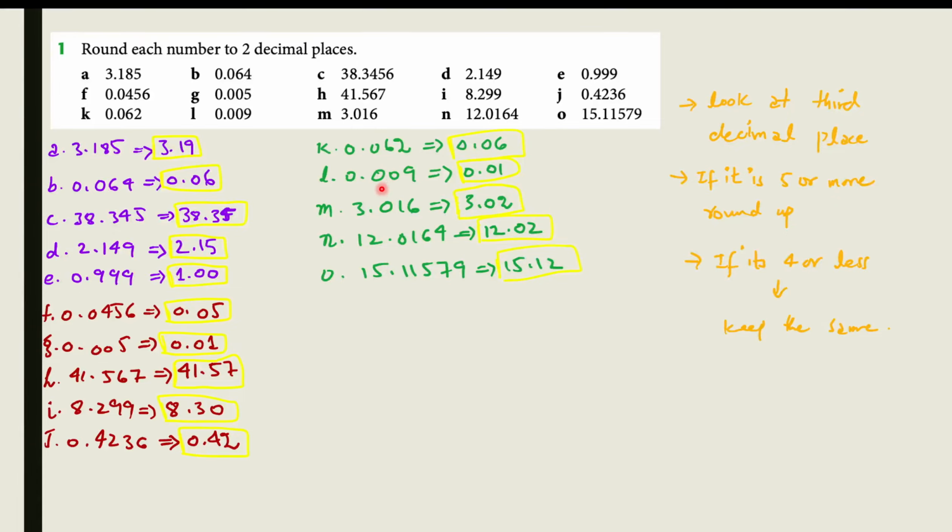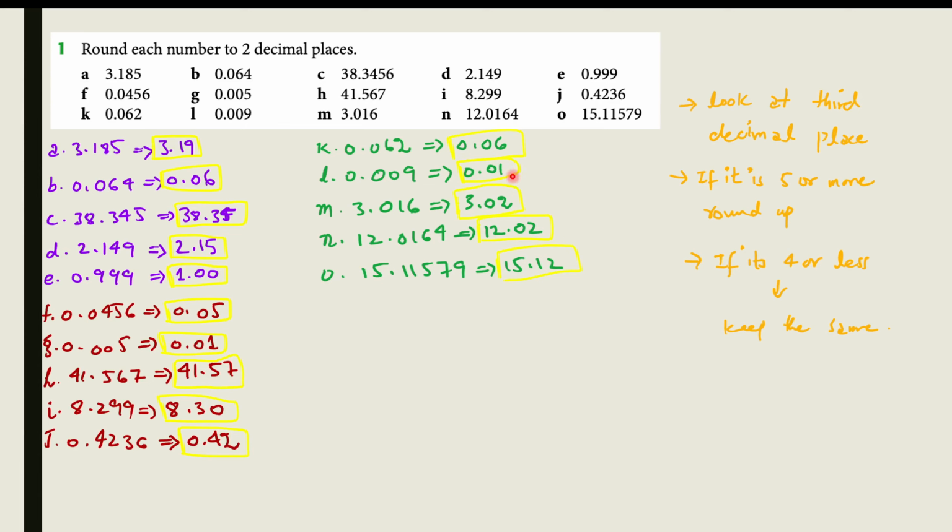0.009. So in here, it is the third decimal place. The digit that we have is more than 5. So we increase the second decimal place digit, which is in here 0, so it will become 1, and we will have 0.01. After the second decimal place, the digits that we had, we remove them.